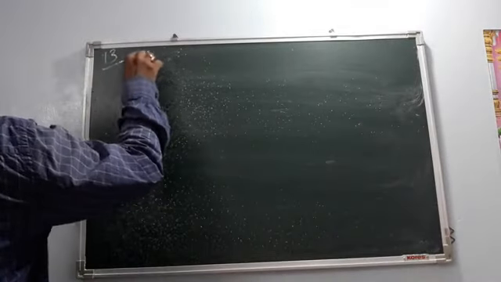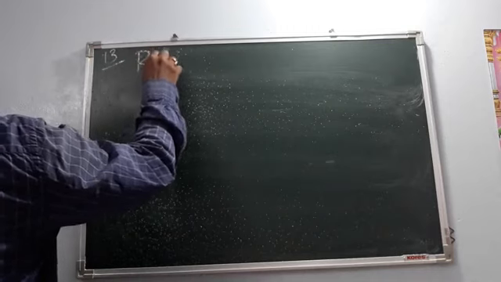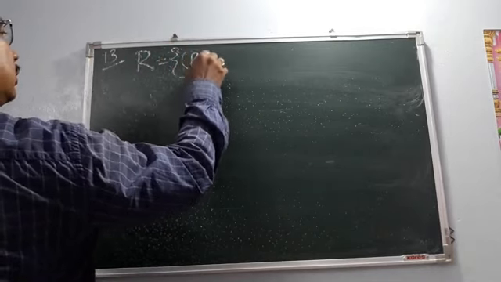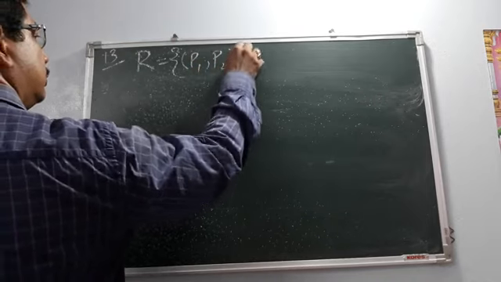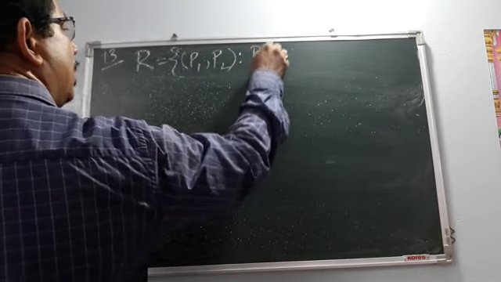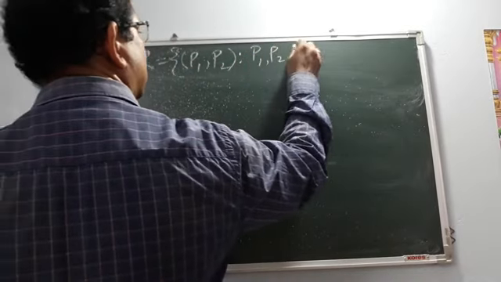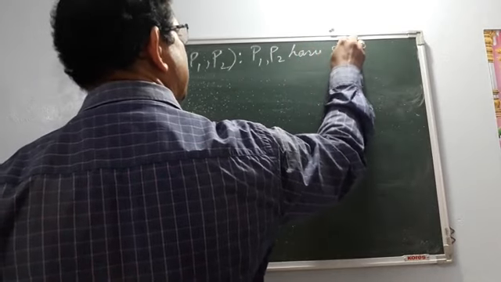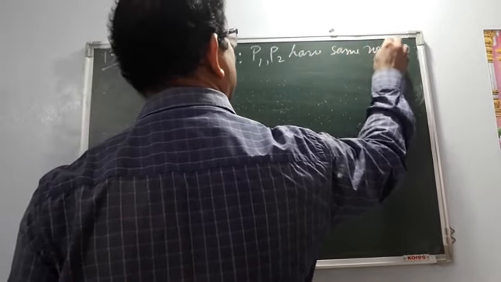So now R is equal to {(P1, P2): P1, P2 have the same number of sides}.